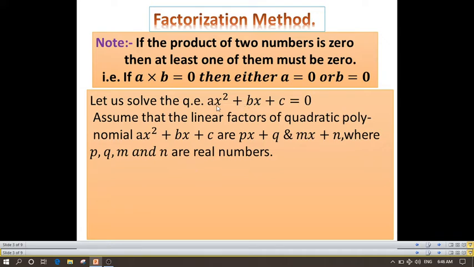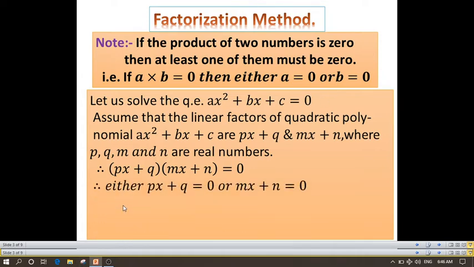So the above quadratic equation can be expressed as (px plus q) into (mx plus n) is equal to 0. Now product is equal to 0, one must be 0.